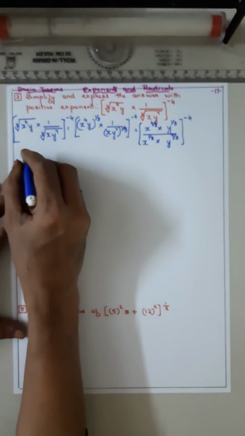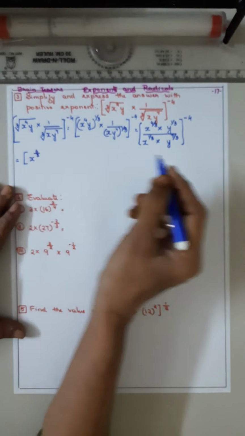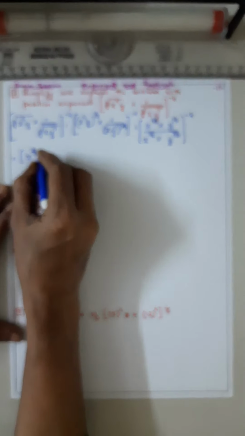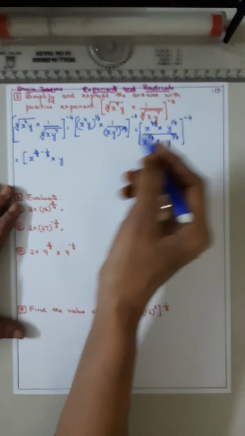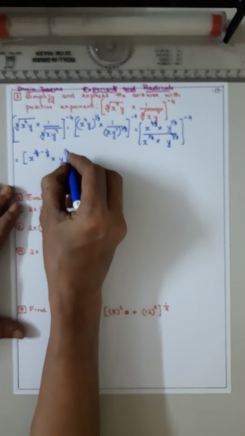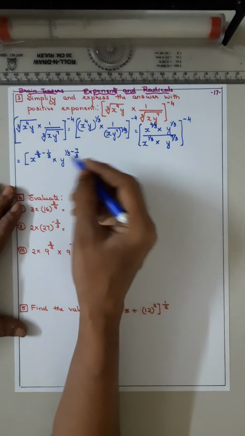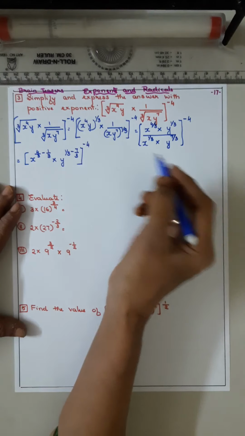Okay, now we will take x as separate, y as separate. So it will be x to the power 4 by 3 and here divide by x to the power 1 by 3, means it becomes minus 1 by 3, and y numerator is 1 by 3 and denominator is 7 by 3, so it is minus 7 by 3, that whole raised to minus 4.